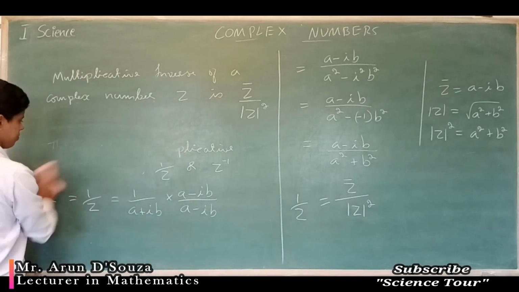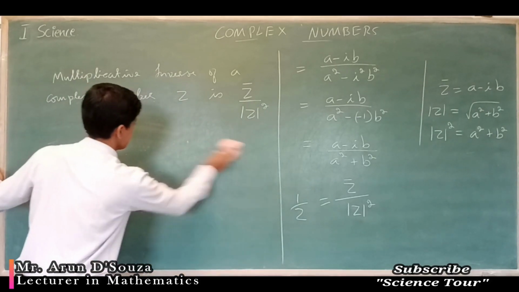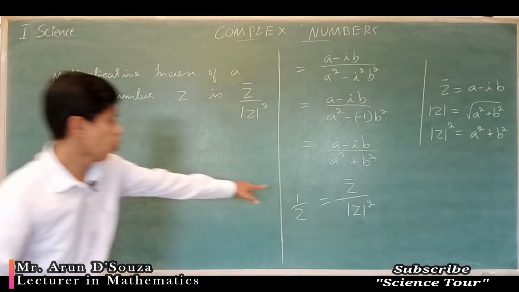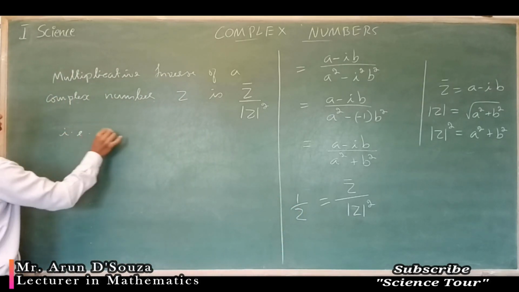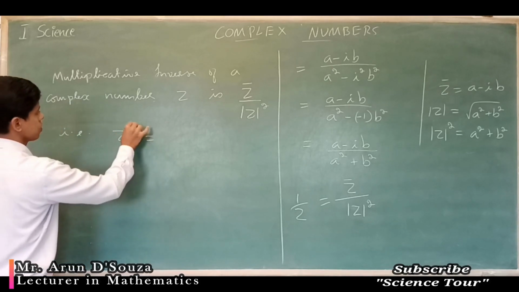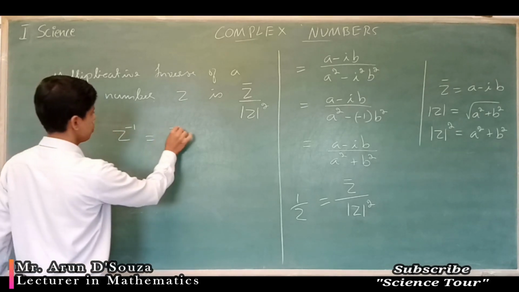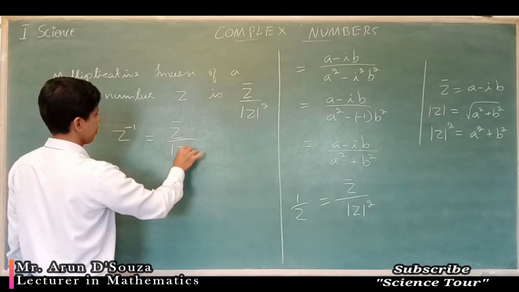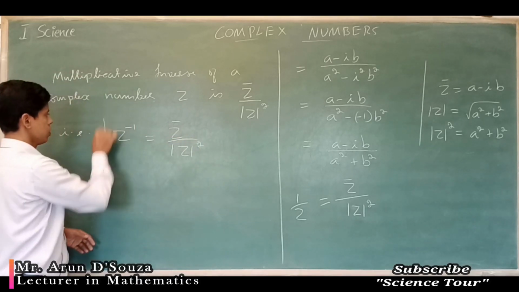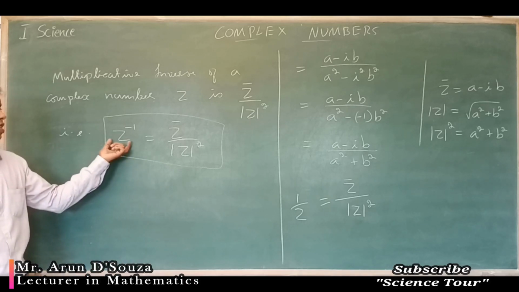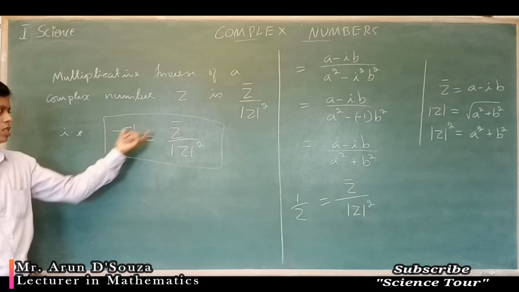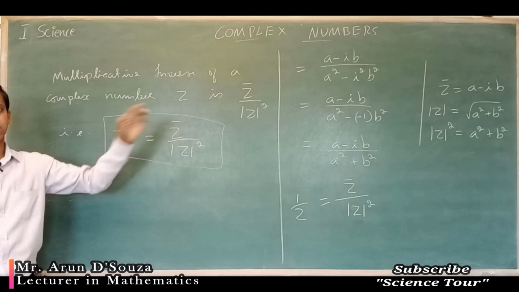That is 1 by z, or z inverse. So z inverse is equal to z bar divided by mod z square. So this is the formula you have to remember. Right. So what is the inverse of z? Z inverse, and that is z bar by modulus of z square.